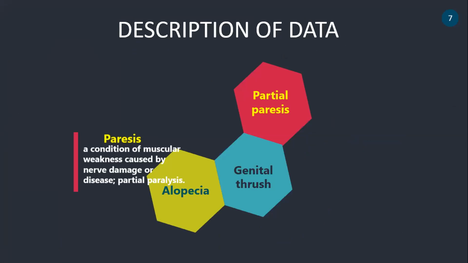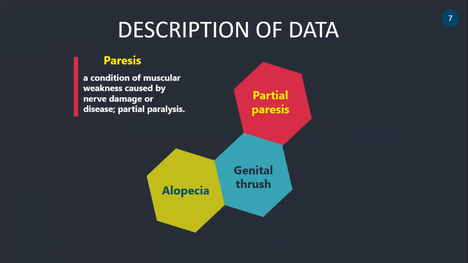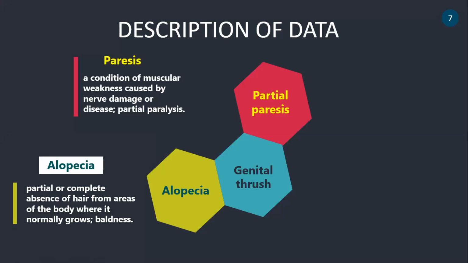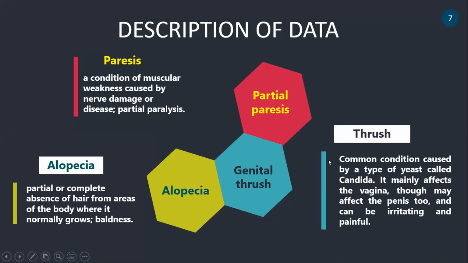Then we have paresis, which is a condition of muscular weakness caused by nerve damage. Alopecia is a partial or complete absence of hair from areas where hair usually grows. And lastly, thrush is a common condition caused by a yeast called Candida.